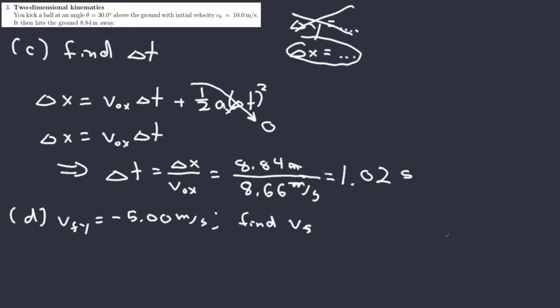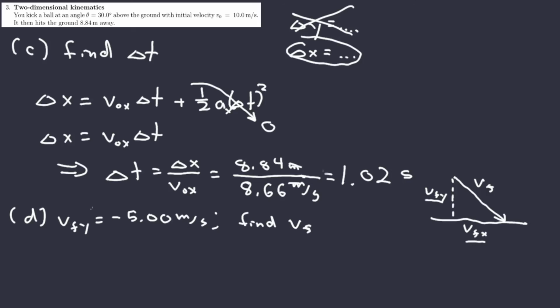So what I need to recognize here is that as the ball hits the ground, it's coming in with some final velocity which has components in the x and y direction. So I have v final x and I have v final y. We're given v final y, so the missing component here is v final x.